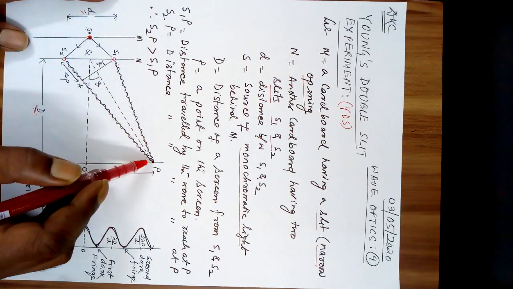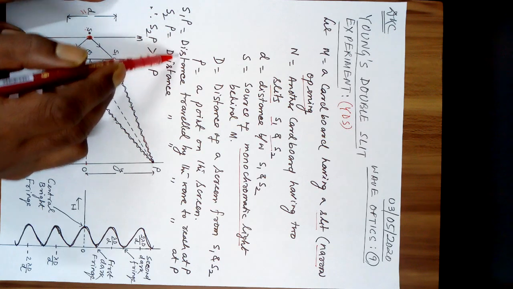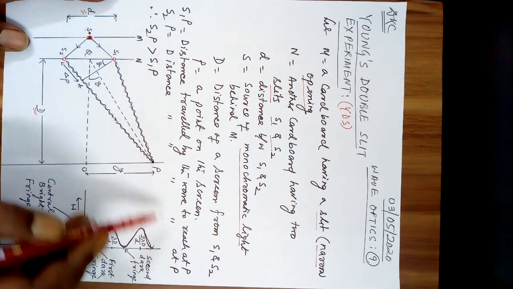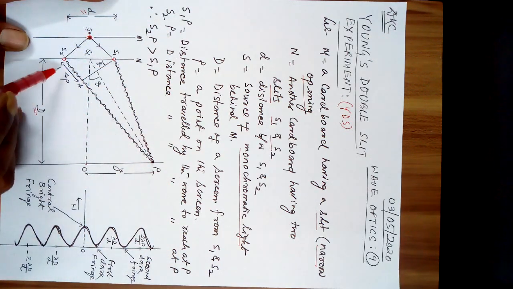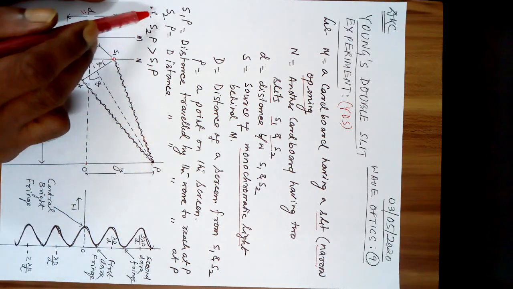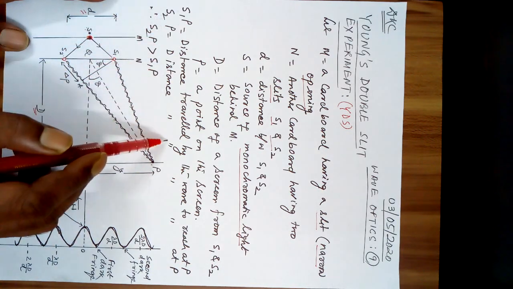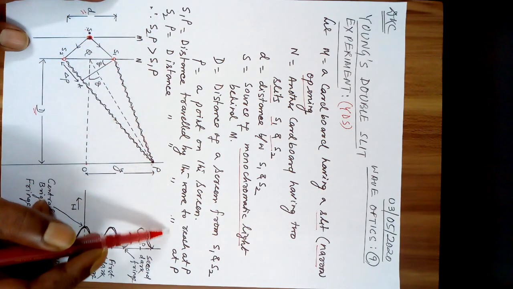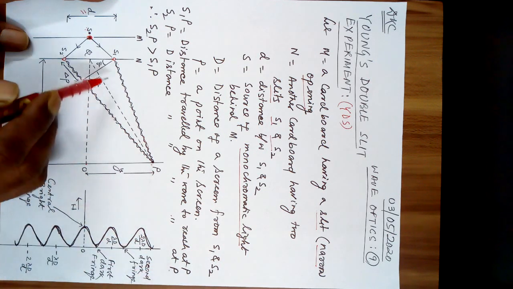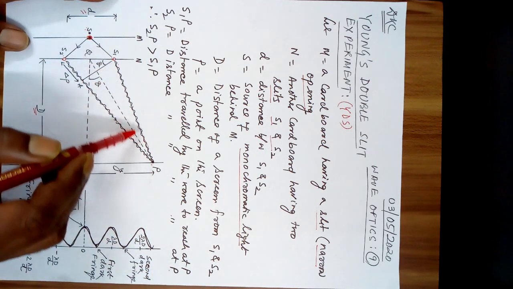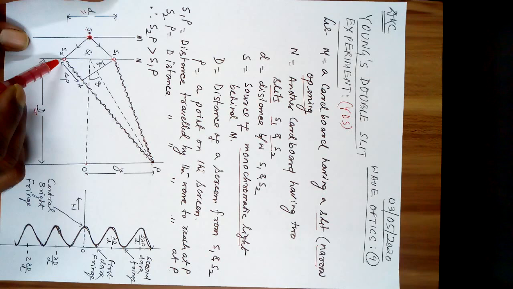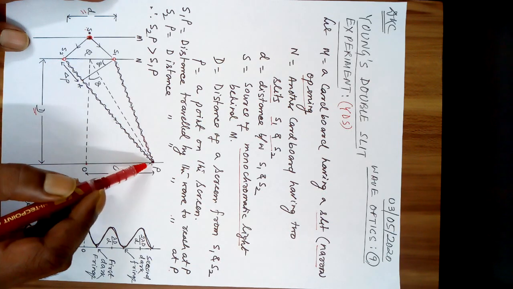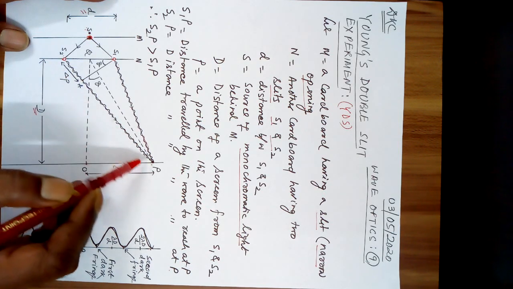So, S1P is the distance traveled by the wave to reach P. Similarly, S2P is the distance traveled by the wave to reach P. This one is traveling a distance S1P. The wave from here, which is to arrive at P, is traveling a distance S2P.